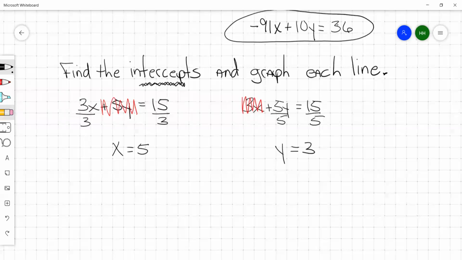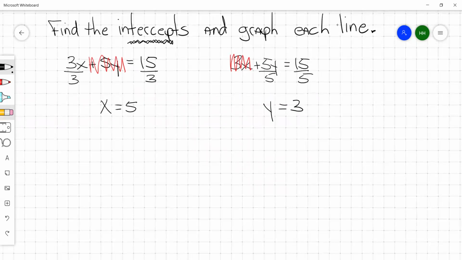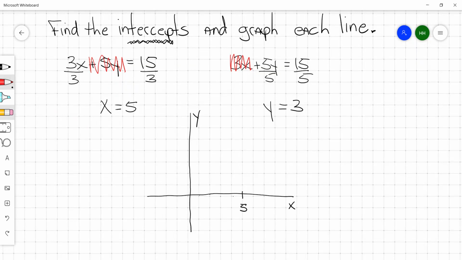So what you do now is you draw a coordinate plane. This x equals 5 means the line that this equation represents hits the x-axis at 5. So we go out here to 1, 2, 3, 4, 5, and we put a point.